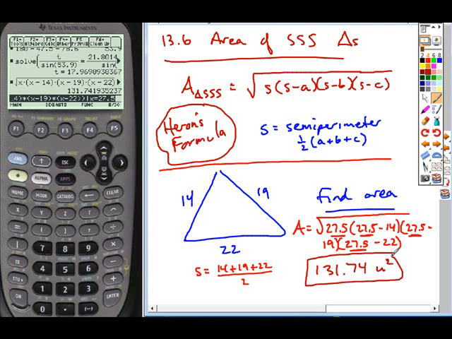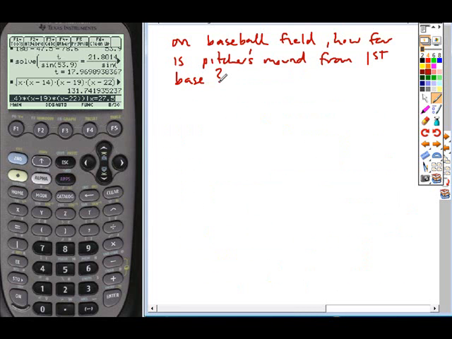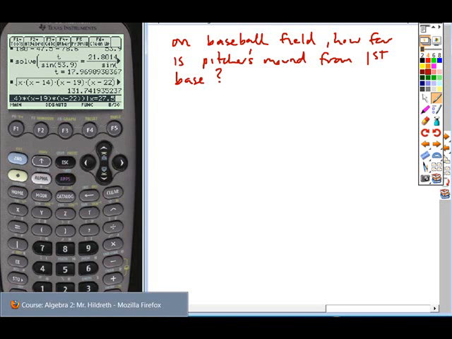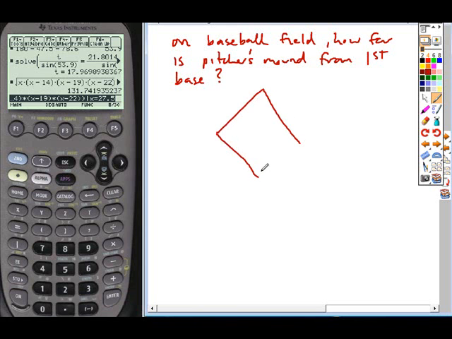All right. I want you to see if you could find, on a baseball field, how far the pitcher's mound is from first base. From home to first is 90 feet. You are correct. Let's draw what we have. We know that this is 90. Here is the pitching mound. Is it at a 90-degree angle?